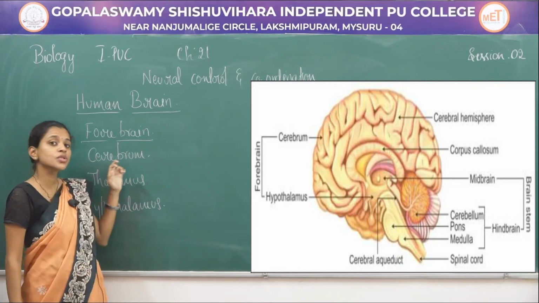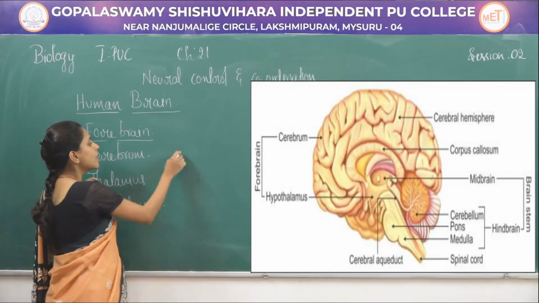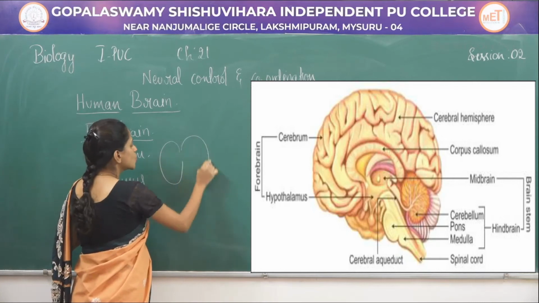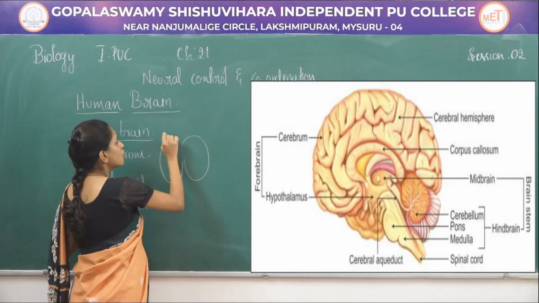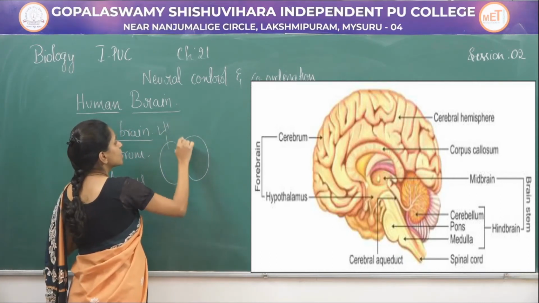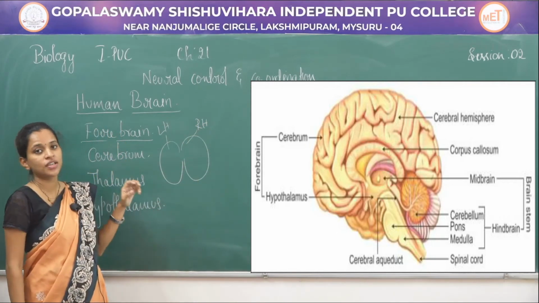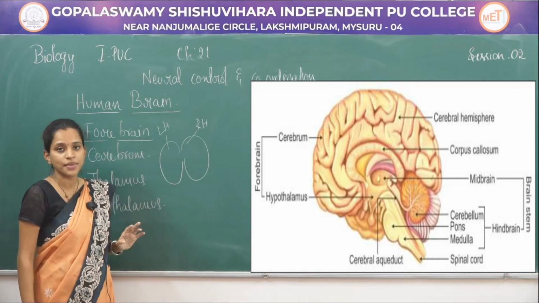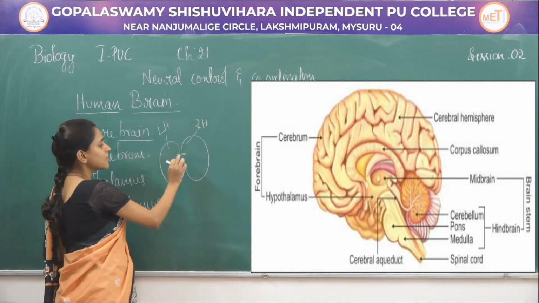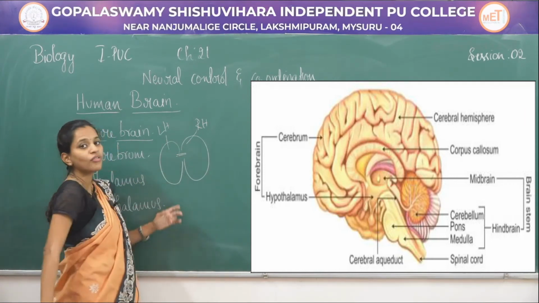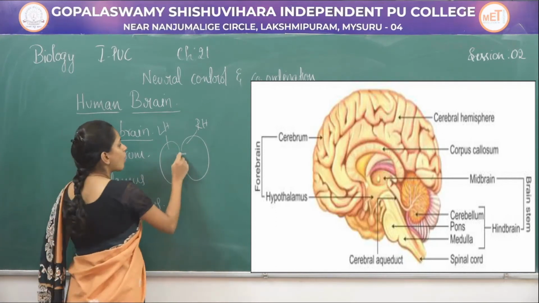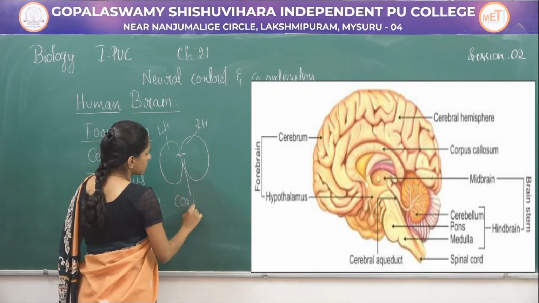When it comes to the cerebrum, the cerebrum divides the brain into 2 different regions, which leads to the formation of the left hemisphere and right hemisphere, that is, the left cerebral hemisphere and right cerebral hemisphere. These both hemispheres are connected with the help of a tract of nerves called the corpus callosum.